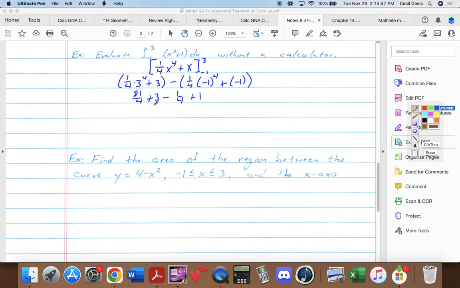I think I told you guys this earlier. With ugly ones like this, I always add the whole numbers together. That's 4. And then I combine the fractions. In this case, it works out really nicely because it's 81/4 minus 1/4 is 80/4, which is 20. So that ends up just being 24.